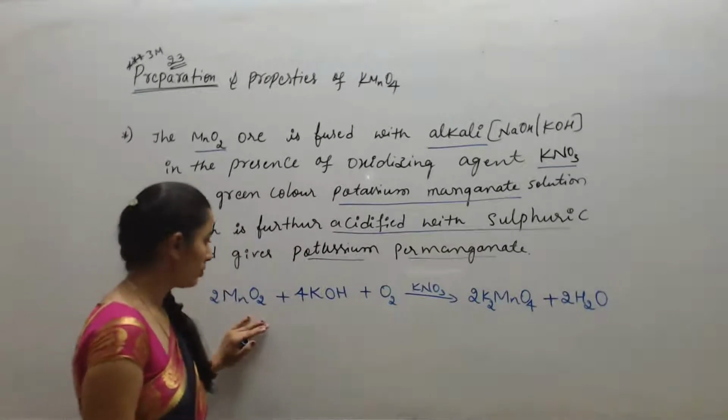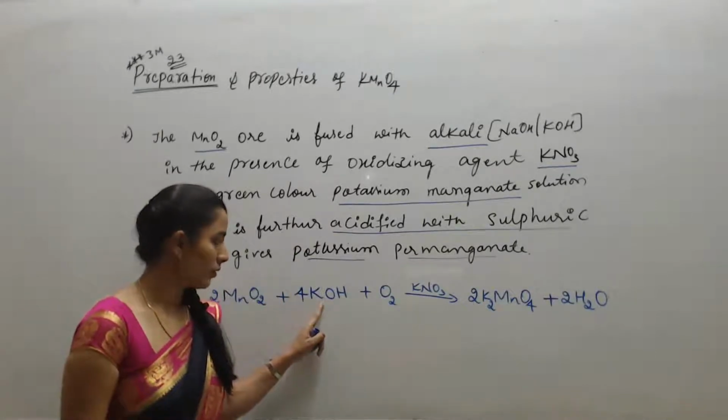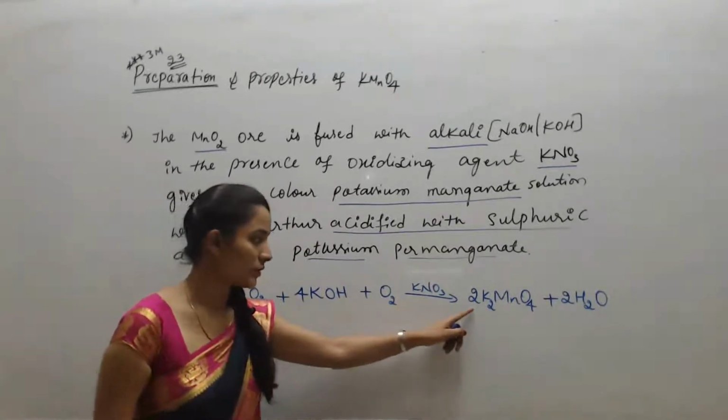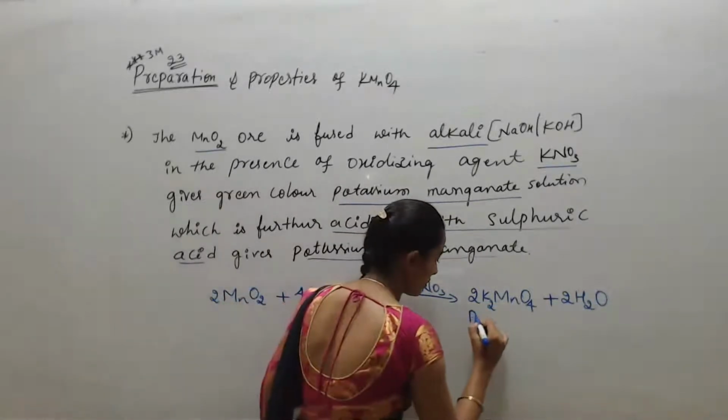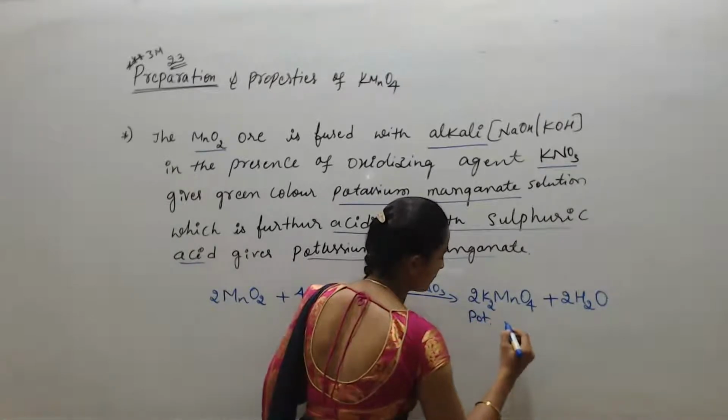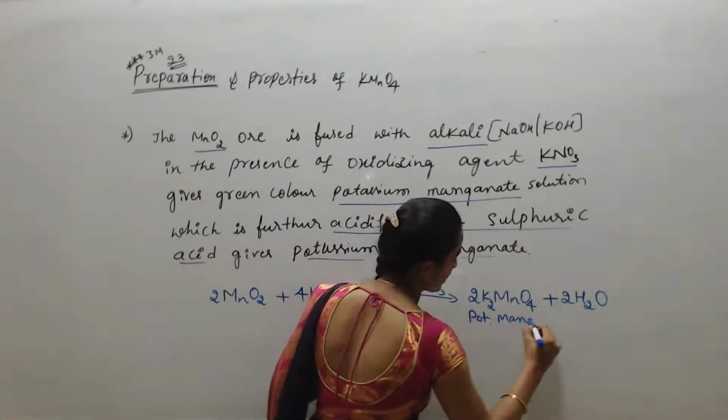This is the balanced reaction: 2MnO2 plus 4KOH plus O2 gives rise to 2K2MnO4 plus 2H2O. This is called potassium manganate.